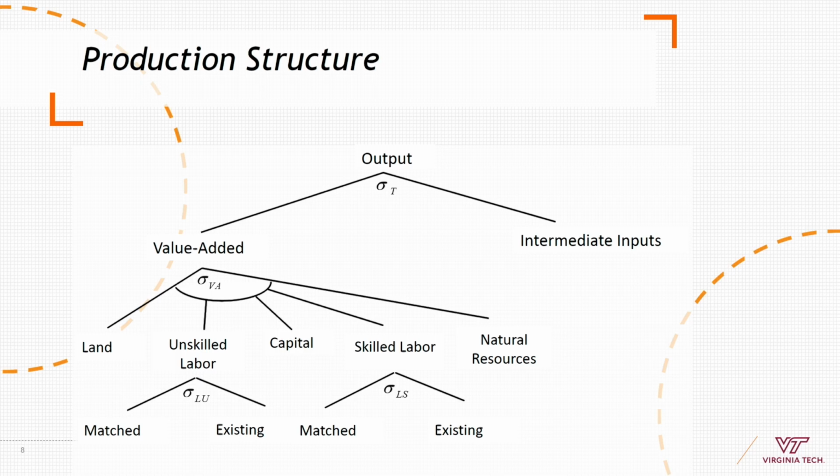The key thing here is, the problem, going back to here, is if your employment goes down and you need to shed employees, you can only shed as much matched labor as you're hiring.